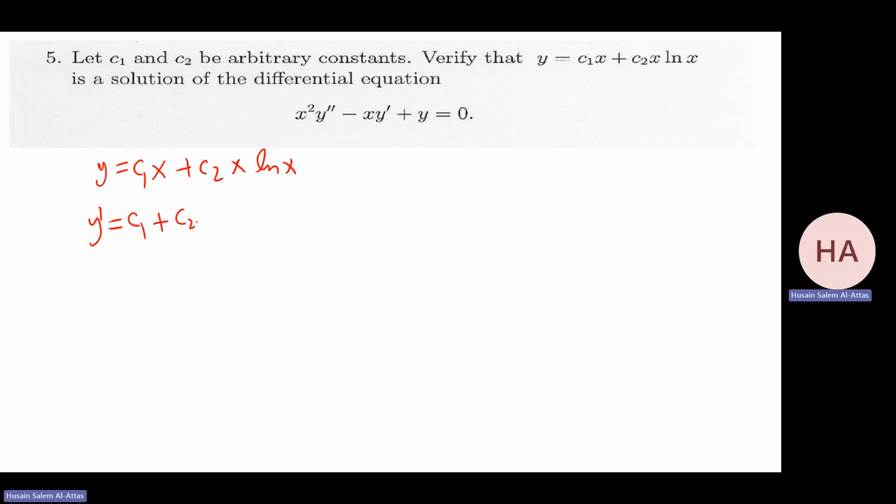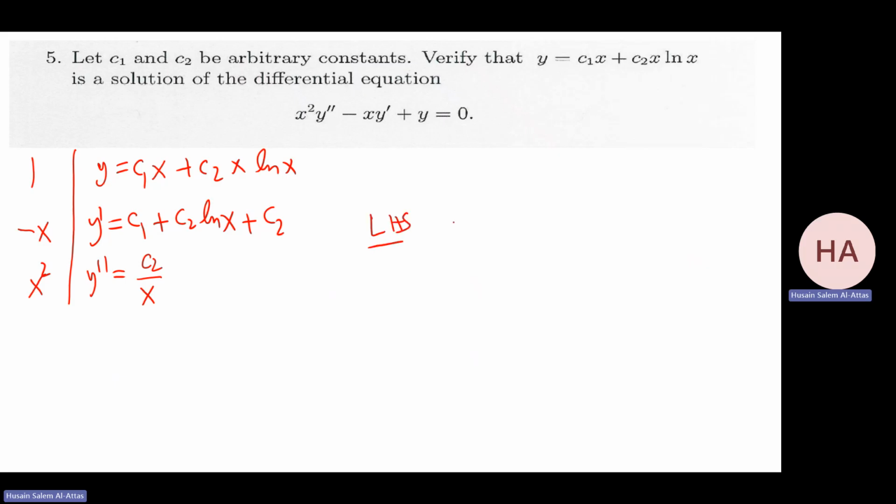Here I have a product, c2 ln x plus c2 x over x, which is 1. So y double prime, c1 is 0, so I have c2 over x. So I need to multiply this by x squared, multiply this by minus x, multiply this by 1.